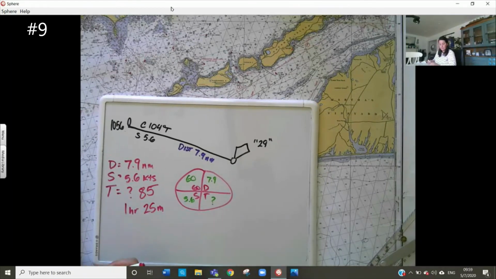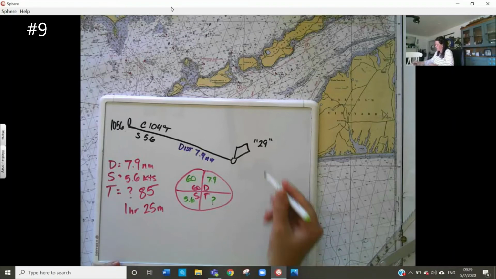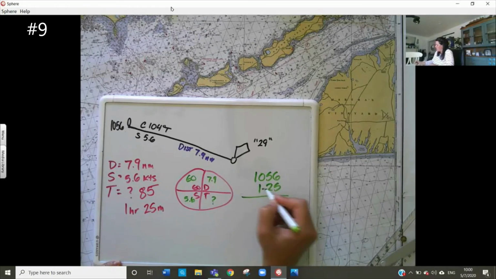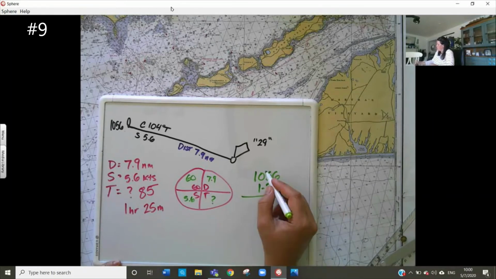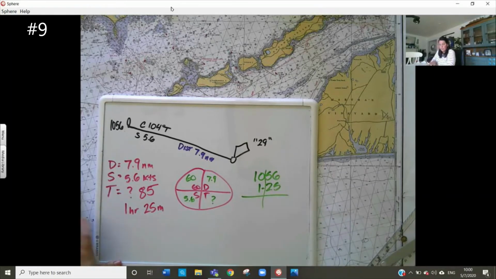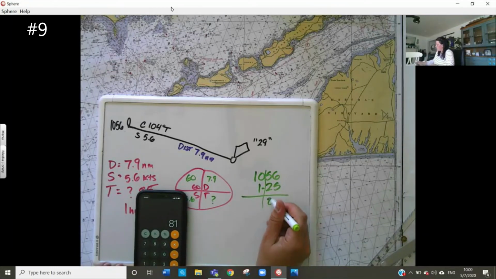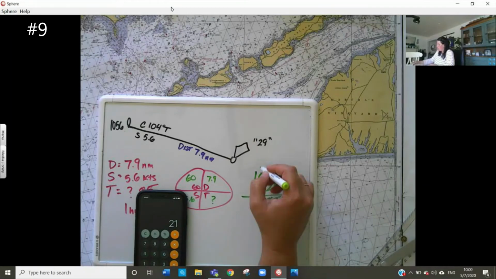So if we left Buzzards at 10:56 and it took us 1 hour and 25 minutes to get there, our ETA would be 56 plus 25, doing my calculator work, I'll show you, is 81. 81 can't go in the minutes, so I have to subtract 60, gives us 21, and we carry a 1.